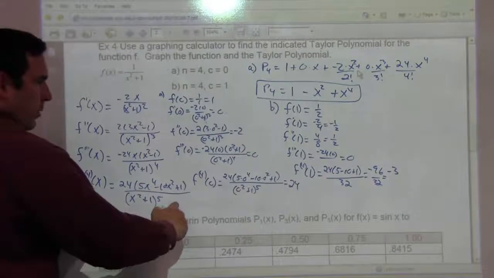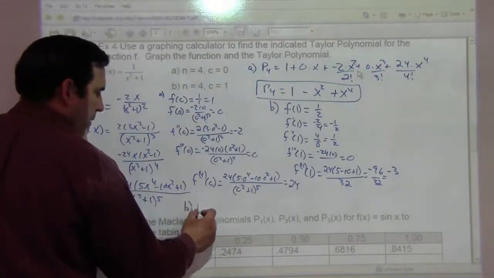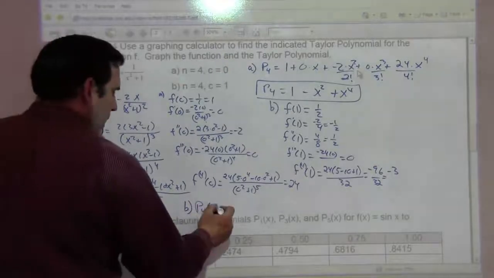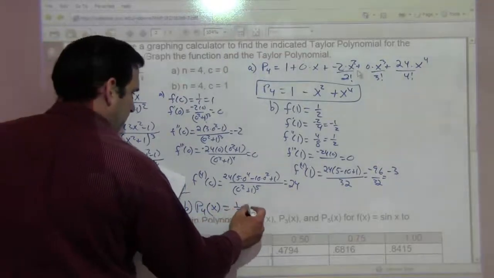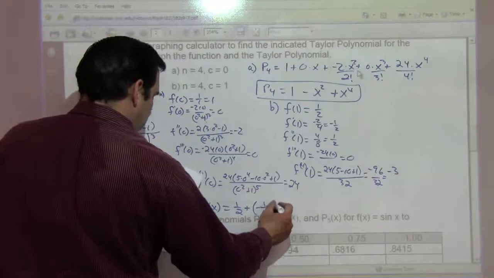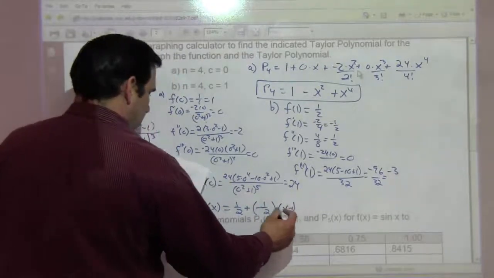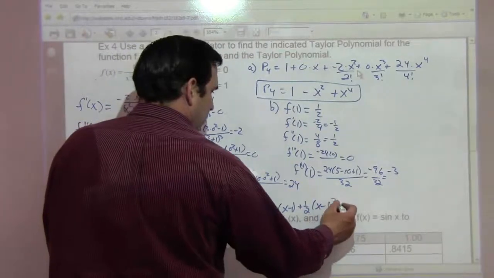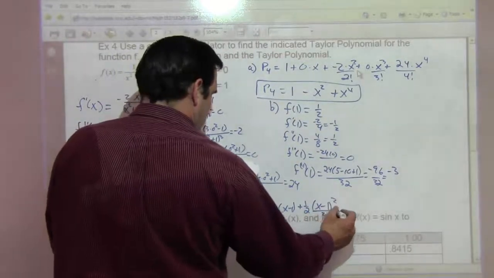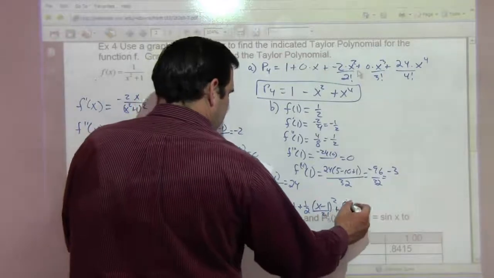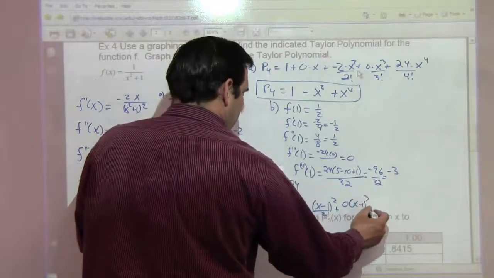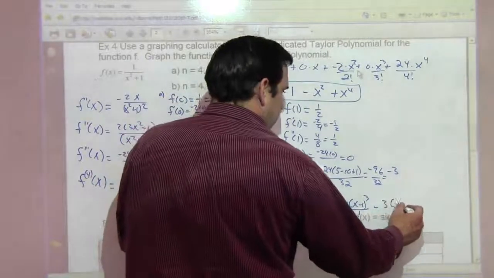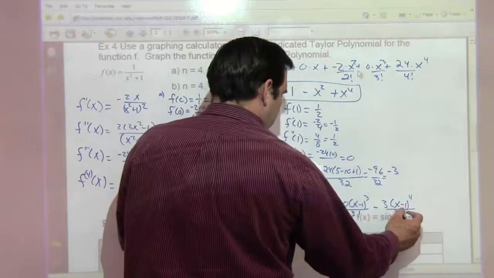So I'm going to put it down here across the bottom for part B, P4, and you can see it on the notes here at the bottom. P4 of x is 1/2 plus negative 1/2 times x minus 1 plus 1/2 times x minus 1 squared over 2 factorial plus 0 times x minus 1 cubed over 3 factorial minus 3 times x minus 1 to the fourth power over 4 factorial.